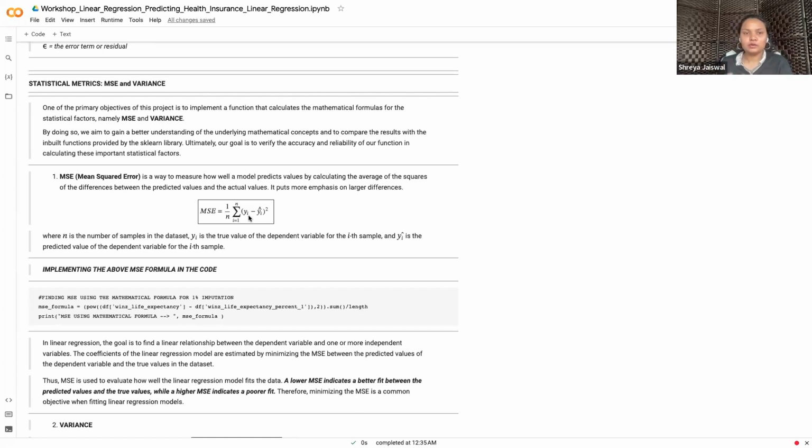I'm sure all of you would have come across splitting the data into training data and testing data. So why do we do that? We do that because using the training data, we can develop a model, but test data is the one which helps us validate whether our model, which is built using the training data, is accurate or not, or is even close to what we are expecting.